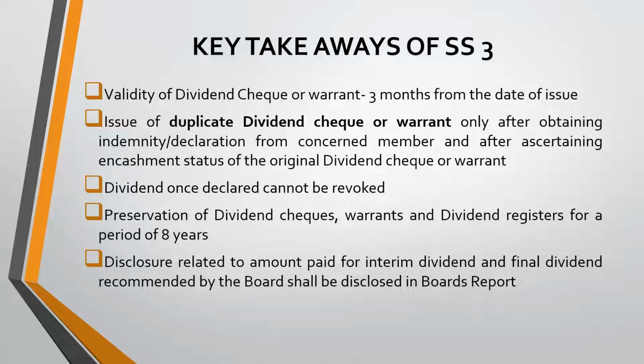Next is issue of duplicate dividend checks or warrants, only after obtaining indemnity or declaration from concerned members and after ascertaining the encashment status of the original dividend check or warrant.